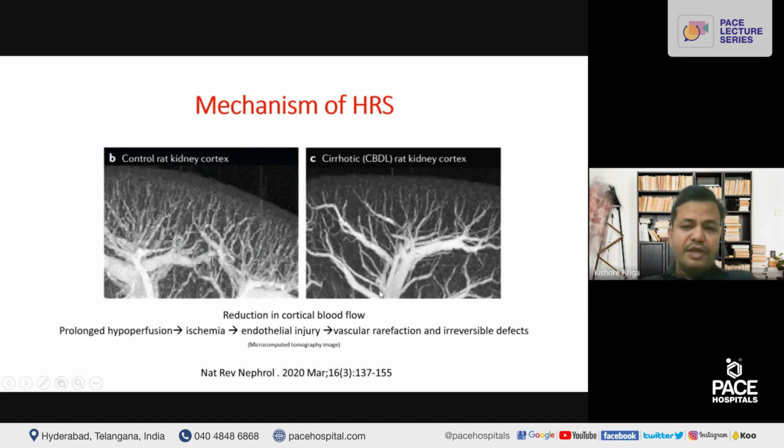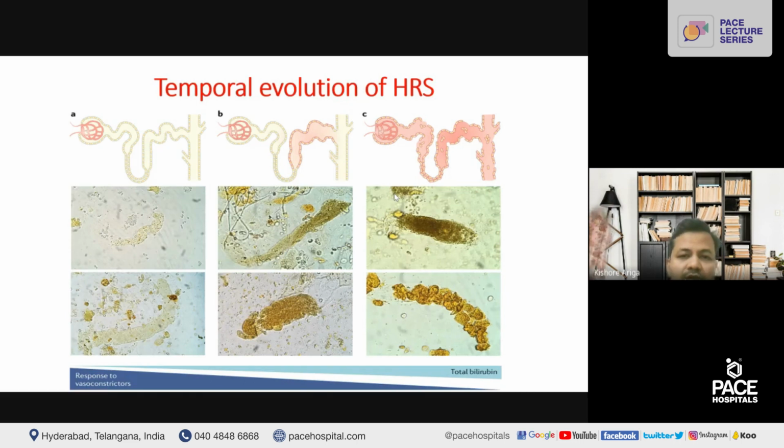So all this sodium retention takes place in the medulla. Because the blood flow is maintained there and the intravascular volume is less, and the body senses that there is less intravascular volume, it will lead to avid sodium retention in these patients, which can be useful for diagnosing these patients. So this image shows the temporal evolution of hepatorenal syndrome.